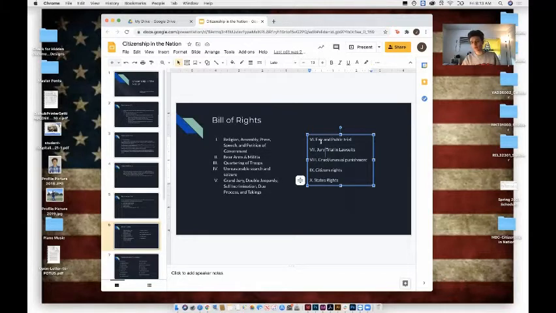It's still relevant, but not as relevant, I would say, as the other amendments, because it's not really heard a lot by the Supreme Court. Amendments 3 and 7 are kind of just there. Not many issues are brought up with them in modern day.